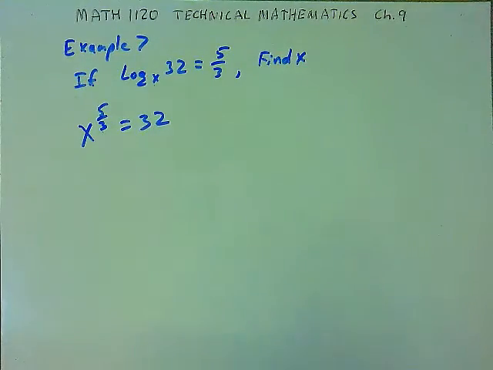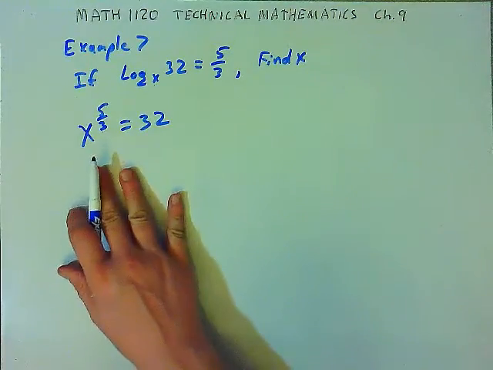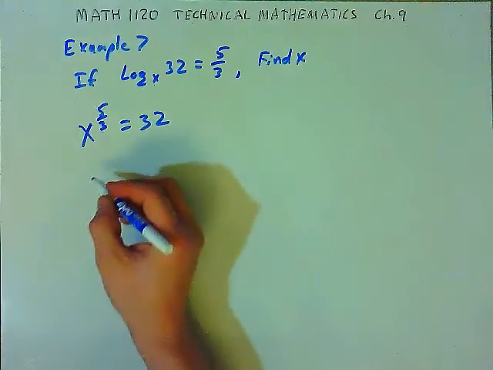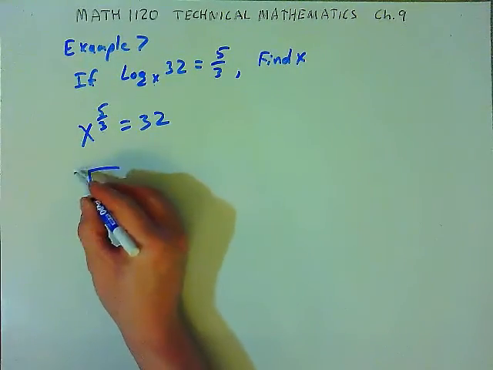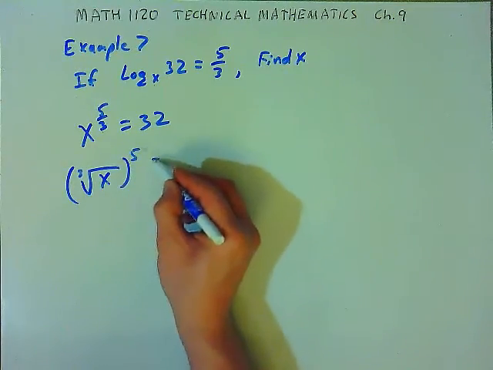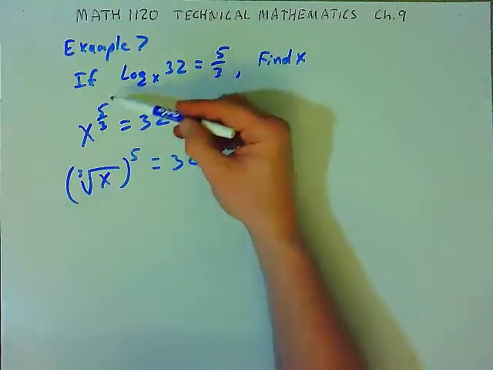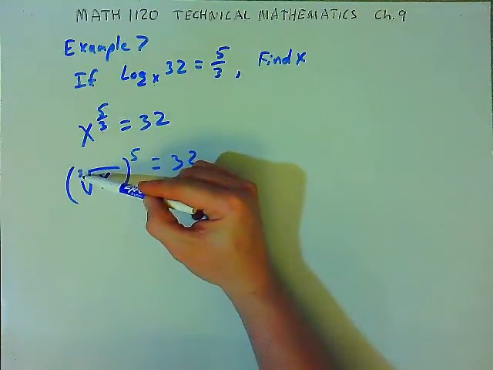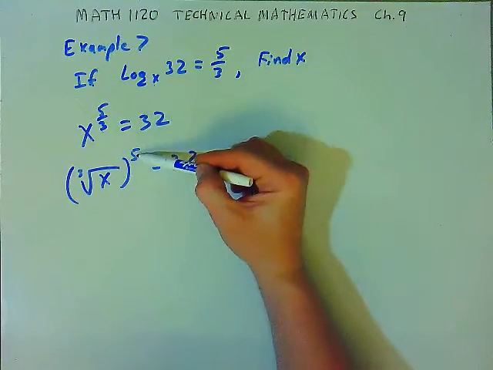And so there's a couple of ways to go about this. First, x to the 5/3 power is the same thing as saying the third root of x, all raised to the 5th power, is equal to 32. So when we have a fraction as the exponent, the denominator is the root index, the numerator is the power.